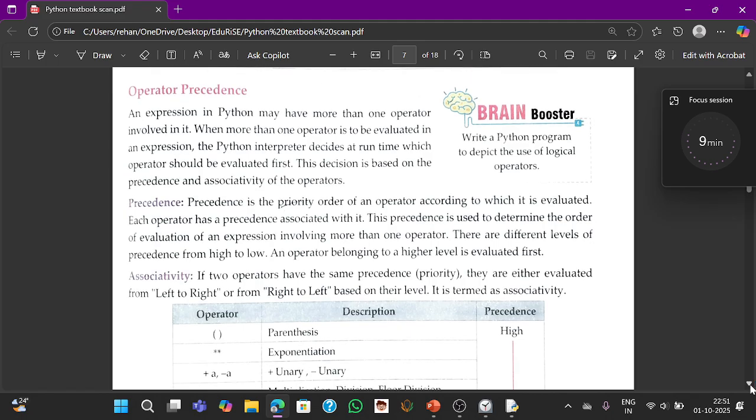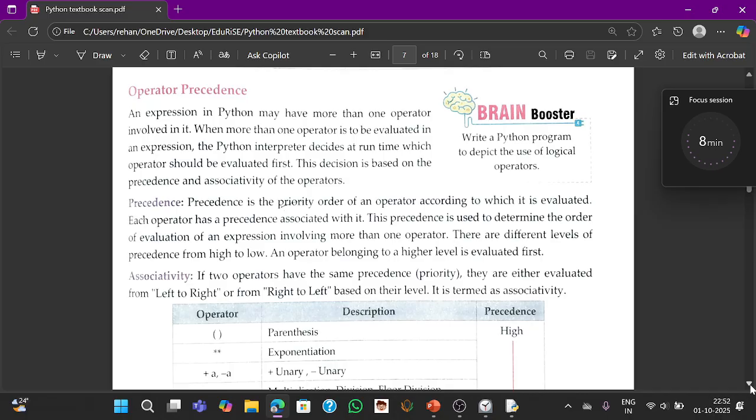Precedence, like in mathematics, when you have in an expression some addition, subtraction, let's say 5 plus 10 into 2 divided by 2.5 bracket of 7 plus 5. So you have addition, subtraction, division, multiplication, brackets, everything coming in that. What will you do? You will solve that mathematical expression by using the BODMAS model.